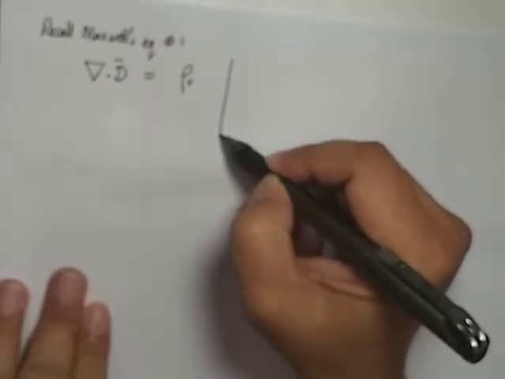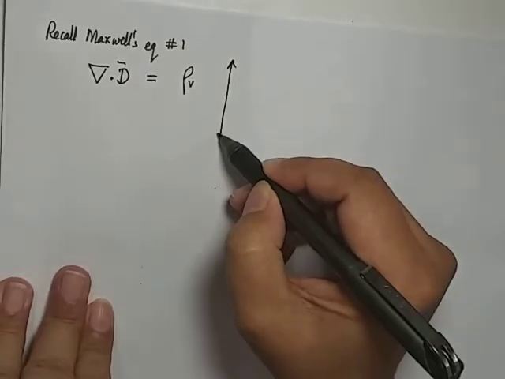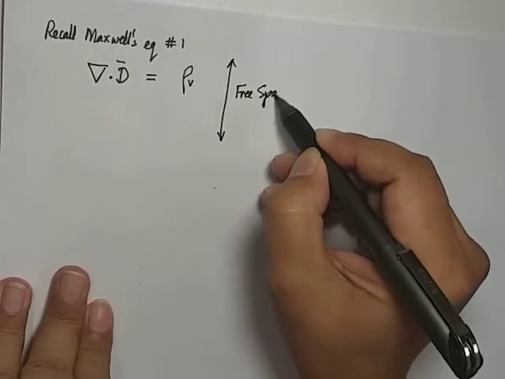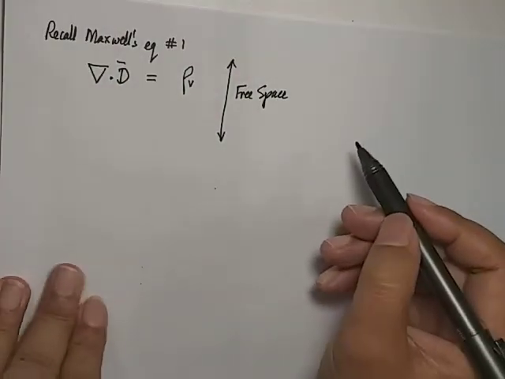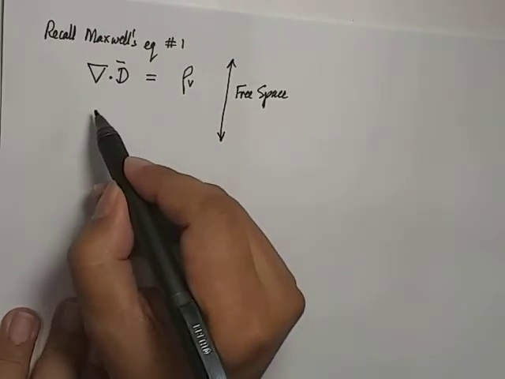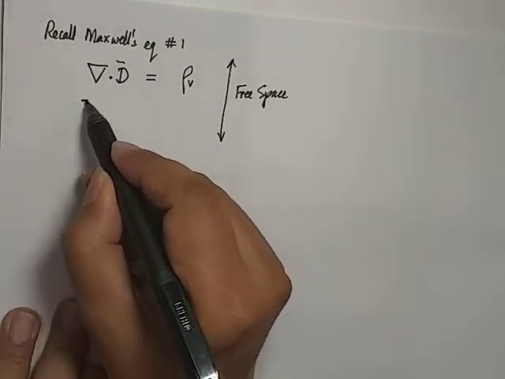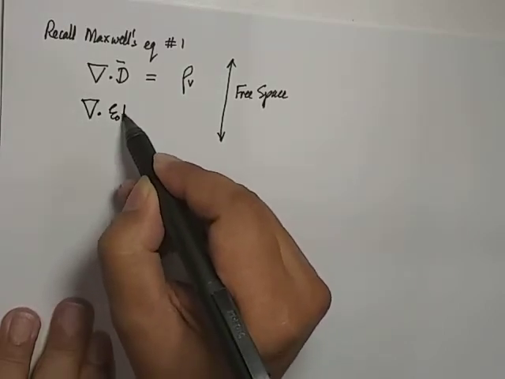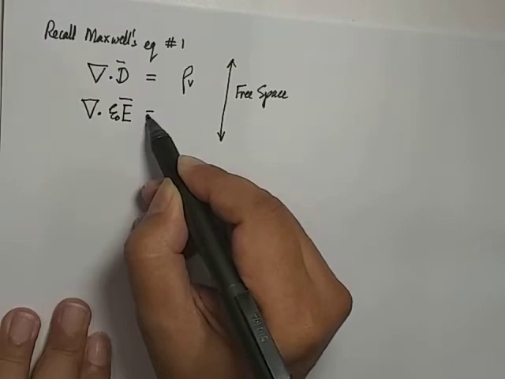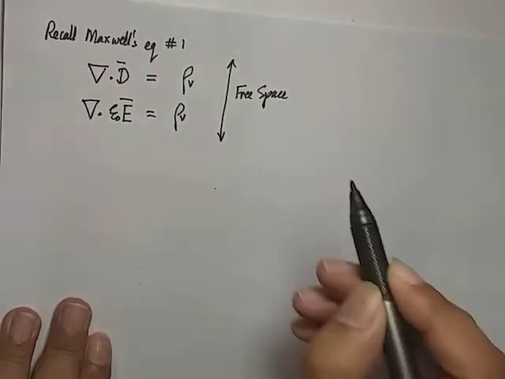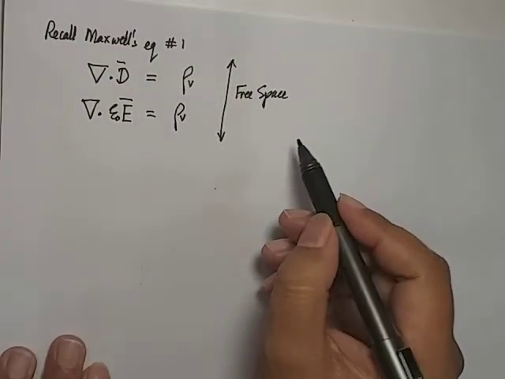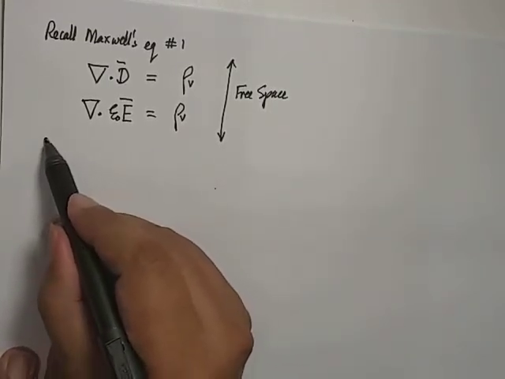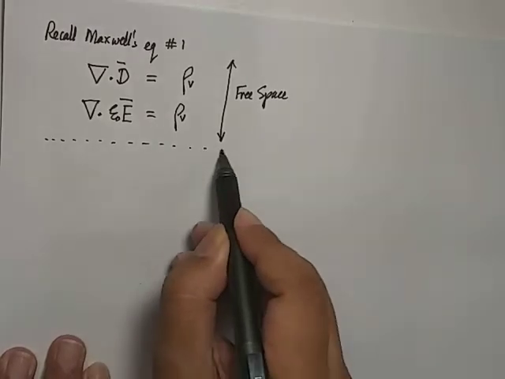In free space, this equation can be modified further to become the divergence of epsilon naught E equal to rho V. That is the standard equation that we saw when we were still in the world of free space.